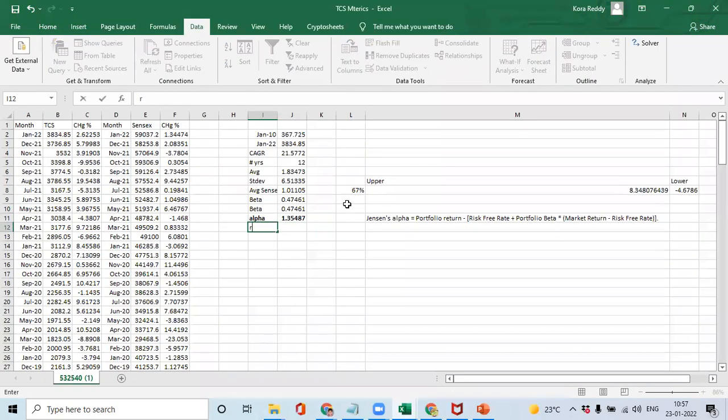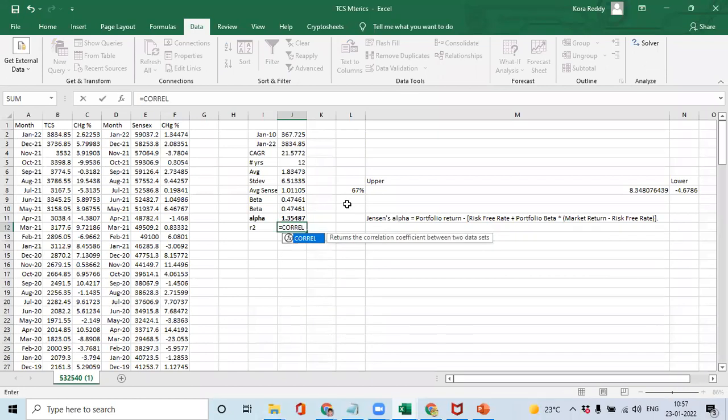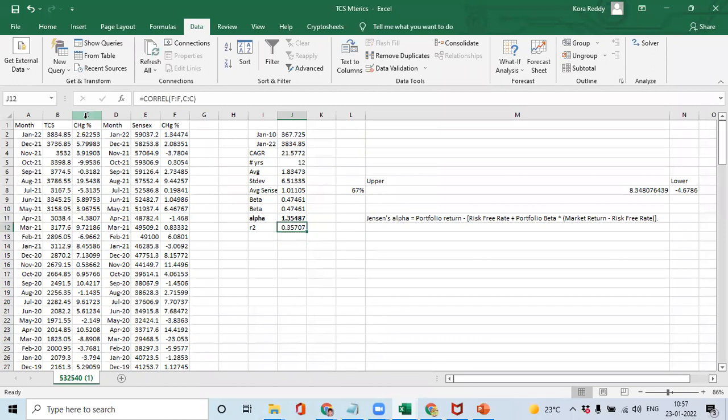What is R squared? R2. This is nothing but the correlation of the stock and the market, power 2.